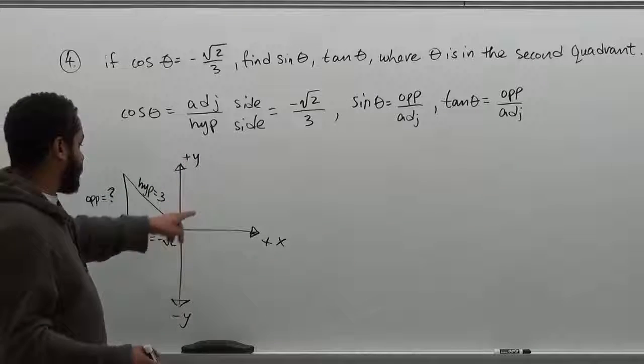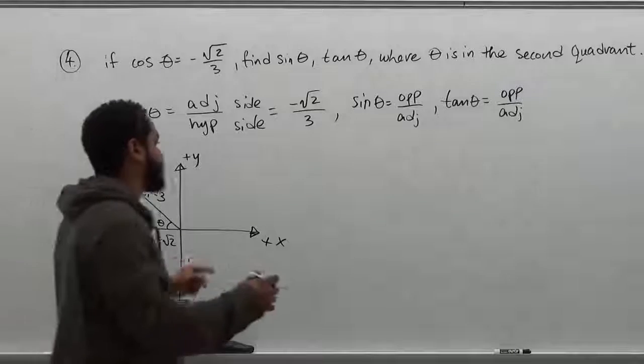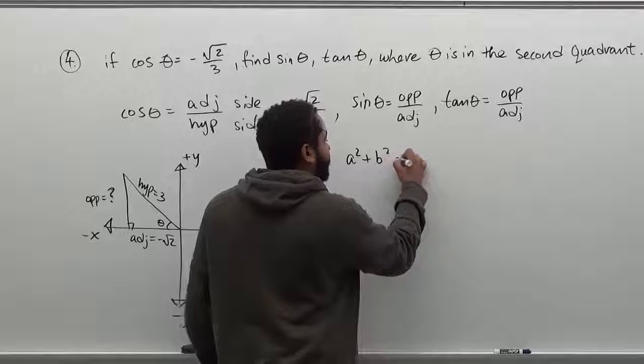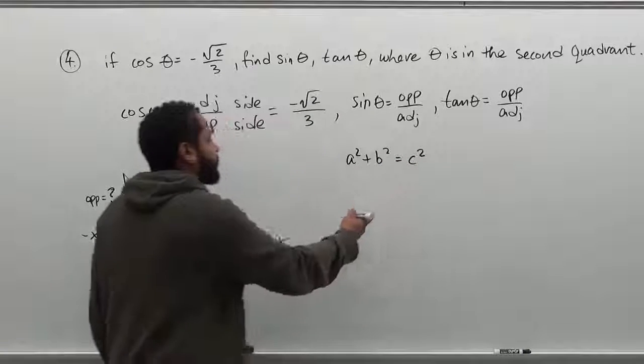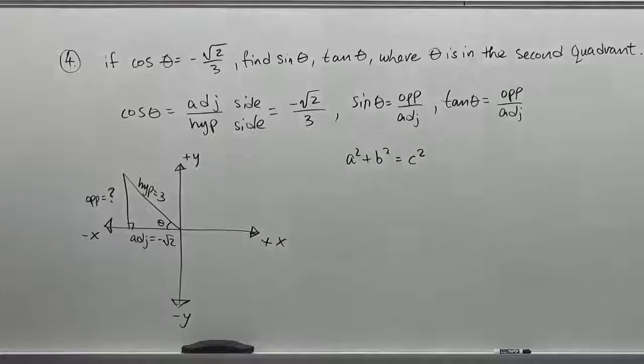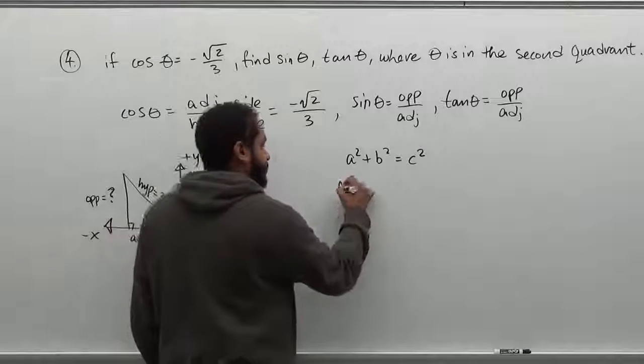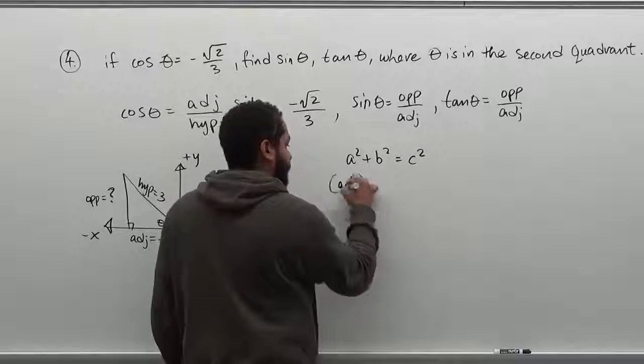So let's first determine what the three sides of the triangle are by using the Pythagorean theorem, which tells us a squared plus b squared equals c squared. Usually what I like to do when I use this triangle is associate the a with the adjacent side, so I'll write here adjacent squared.